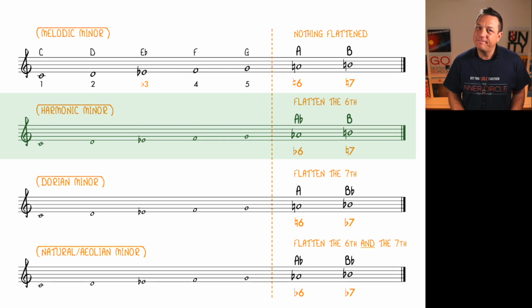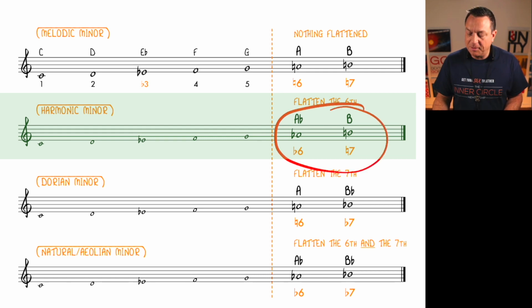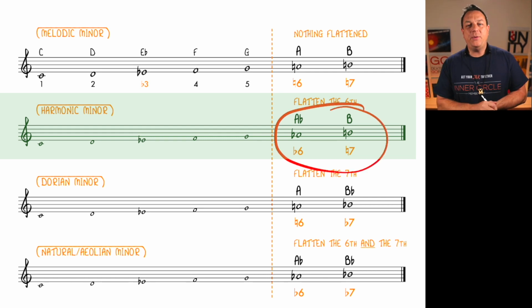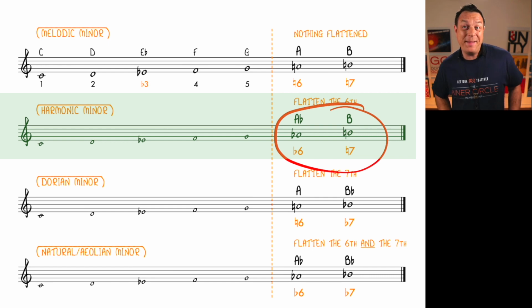But the big problem with the harmonic minor scale is this minor third leap between the flattened 6th scale degree and the natural 7th. That is a big jump in the scale. So although we've given ourselves the nice dominant tonic relationship, we're stuck with this weird thing when we're writing melodies and when we're playing scales.